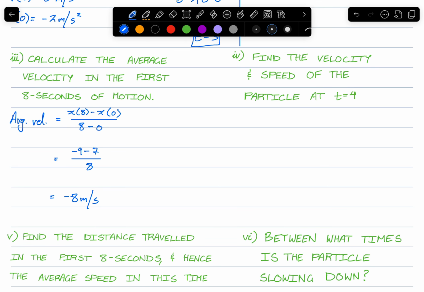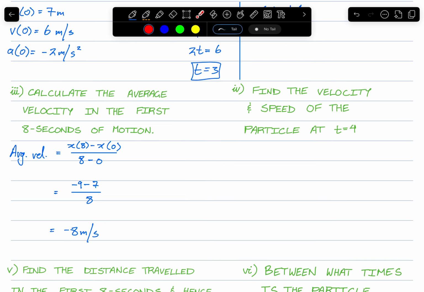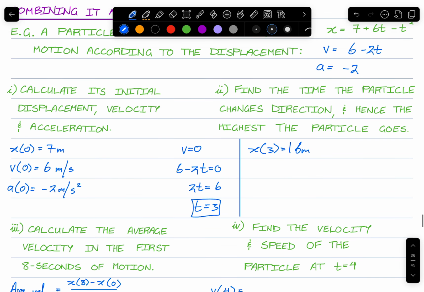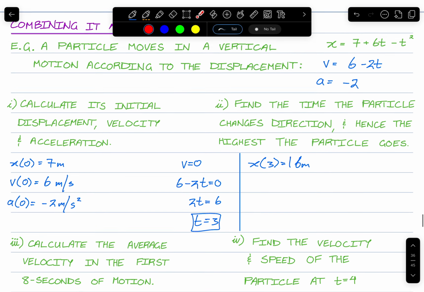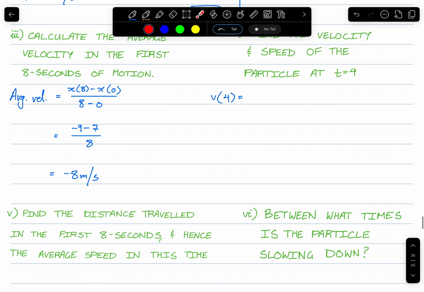Find the velocity and speed of the particle at t equals 4. Notice the change in language, average velocity versus find the velocity at t equals 4. To find the velocity at an exact point, we simply substitute the time that we want into the function we're looking for. So v of 4 is 6 minus 2 times 4. 6 minus 8 is negative 2 meters per second.